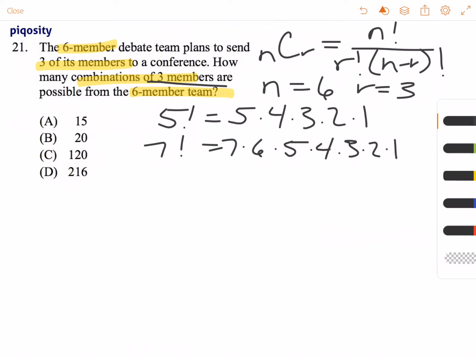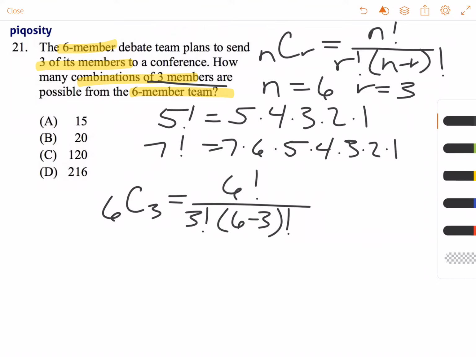Okay, so writing this out as 6C3, that's just to help you remember which one is your n and which one is your r, is equal to 6 factorial over 3 factorial times 6 minus 3 factorial.